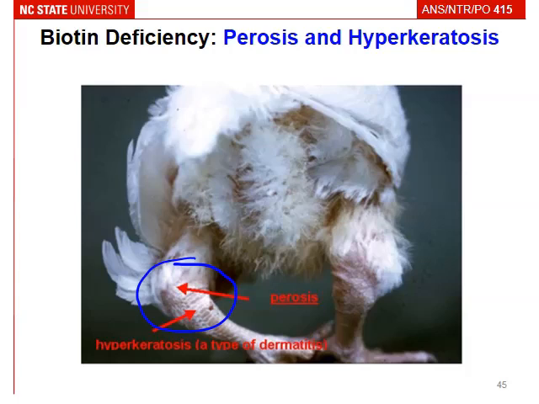Usually, if you're walking through the barn, you'll see them walking more on their hocks, because it's as if you tore your Achilles, your foot wouldn't work very well. Their feet don't work for them. They're unable to support themselves. And then you have some hyperkeratosis and dermatitis occurring on the hock also.